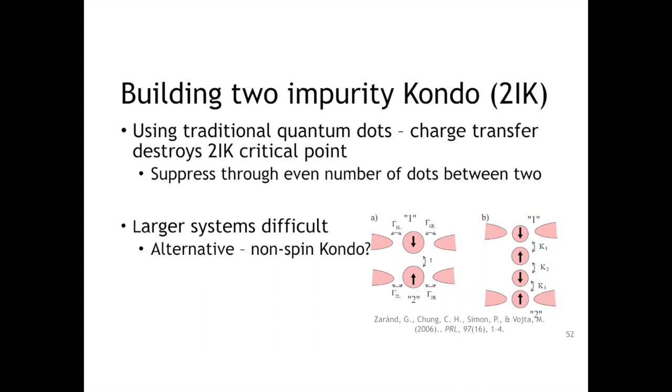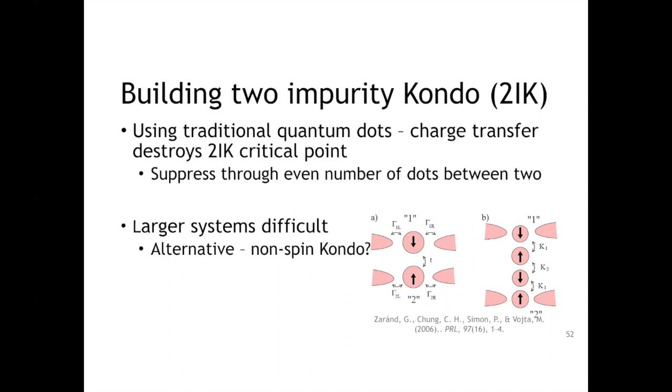Part of the reason is that if you allow charge to move from one site to the other, as some of the people here actually elucidated, you blur out the quantum critical point, which is actually mathematically closely related to the critical point in two-channel Kondo.